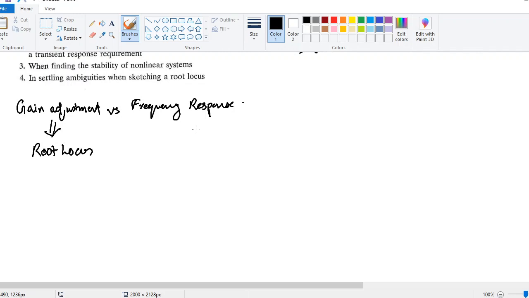Now in the next class we'll look at what are the different kinds of frequency response techniques, and we'll see how we can use those to do the exact same things and maybe a bit more than what we did with the root locus. Alright.